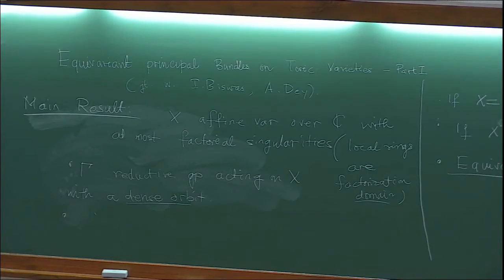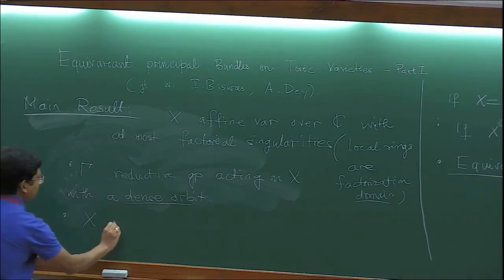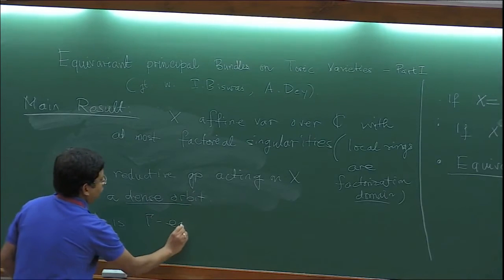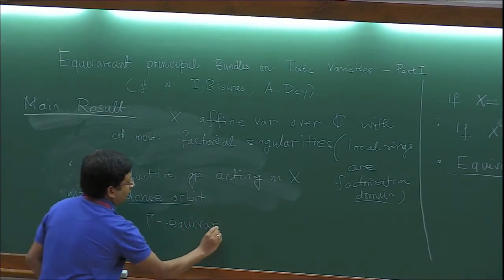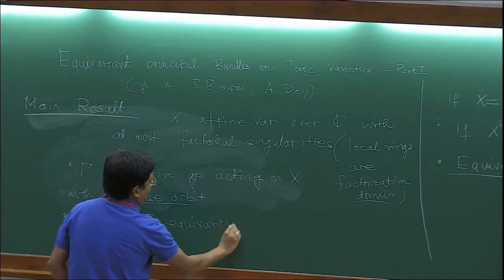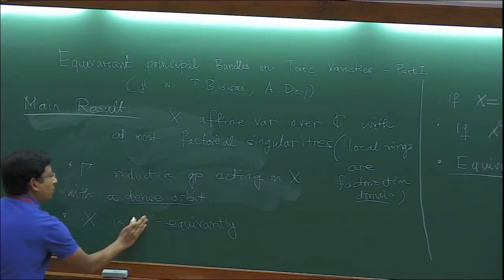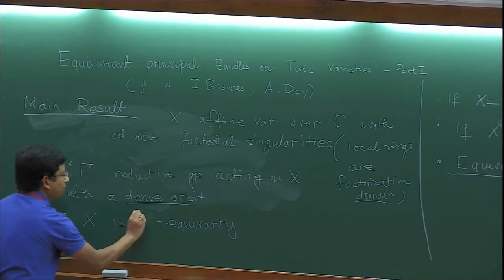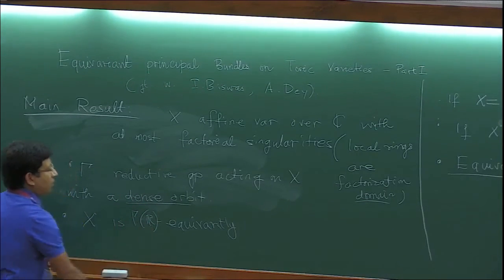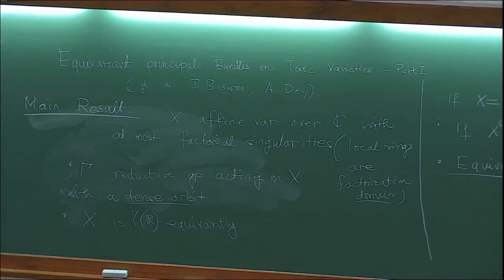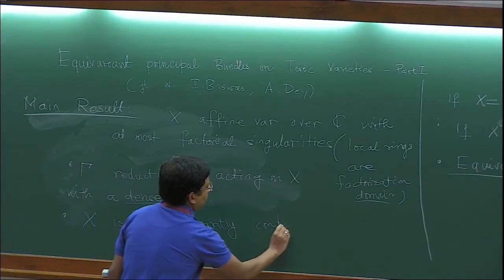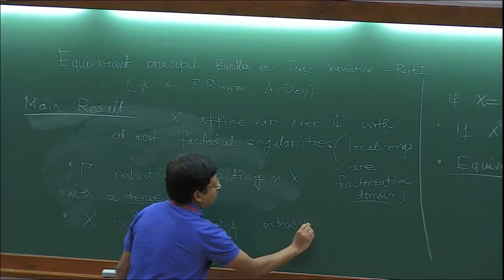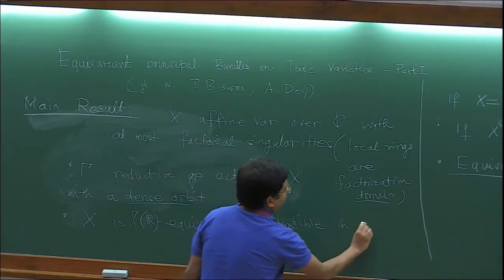We assume that X is gamma equivariantly contractible in real topology. So maybe we can consider the underlying real subgroup.